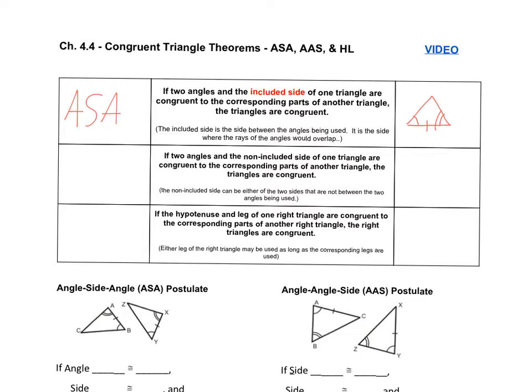This is known as the angle-angle-side theorem. It would look like an angle, another angle, and a congruent side. The non-included side can be either of the two sides that are not between the angles being used.